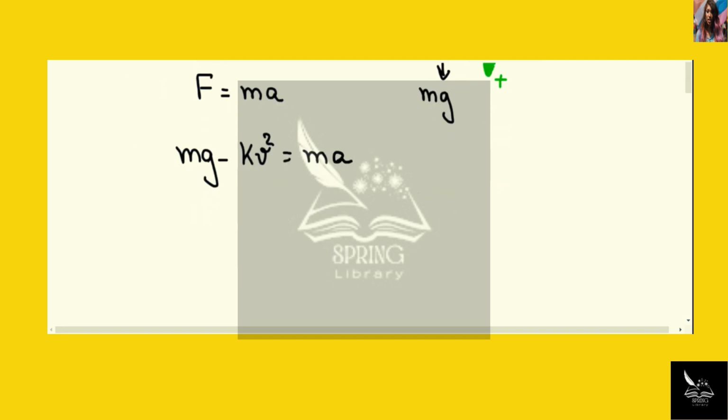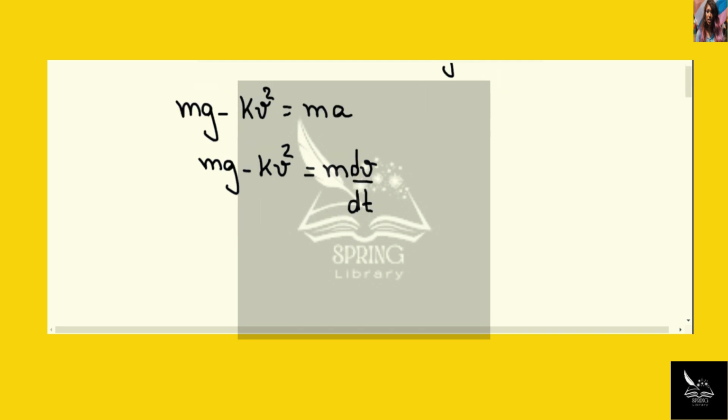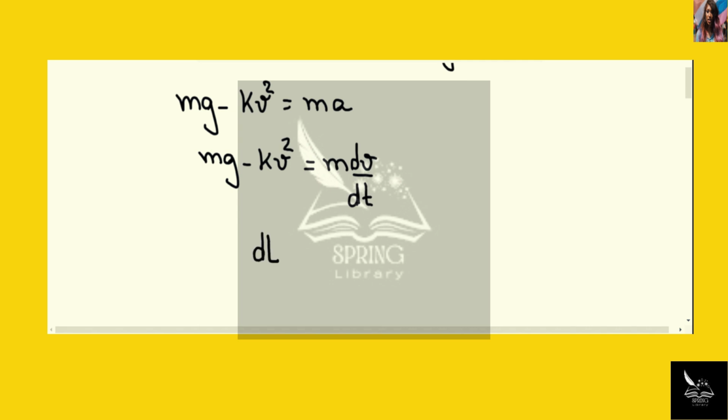Now a is dv dt. So we have mg minus kv squared is equal to m dv dt. So we have that dt is equal to m divided by mg minus kv squared, dv.